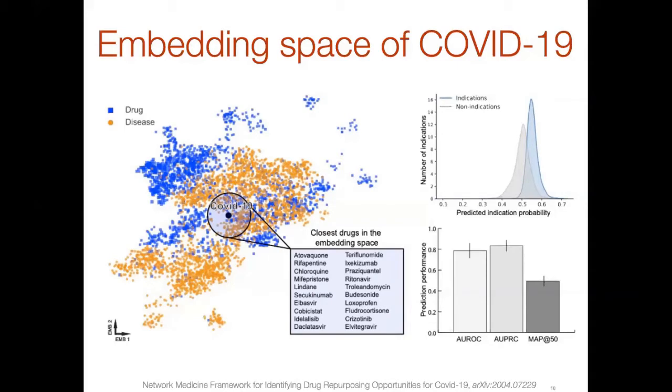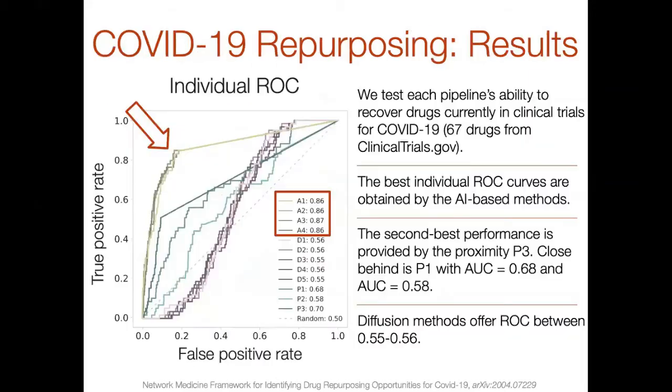I'm showing that pharmacological space as instantiated through COVID-19 and embeddings of other drugs and diseases, shown on the left. Once we have the embedding for COVID-19, we can look at which other drugs are embedded close together with COVID-19 in that space. Those drugs would then be some of our most likely candidates for repurposing.